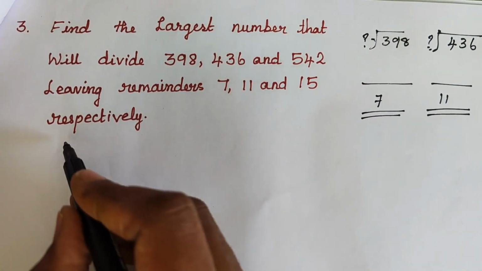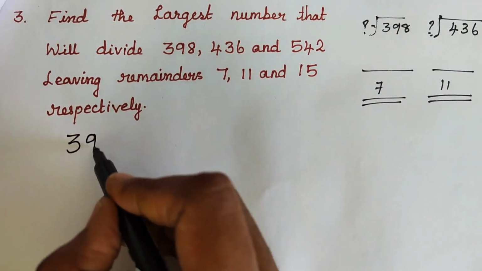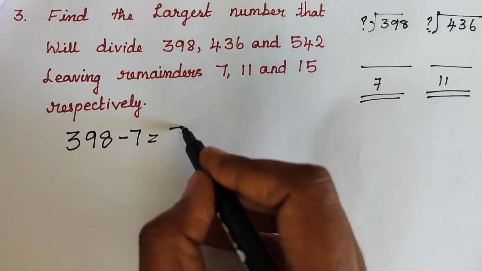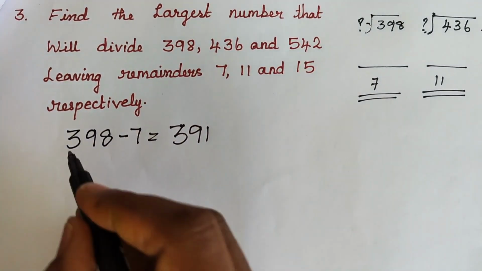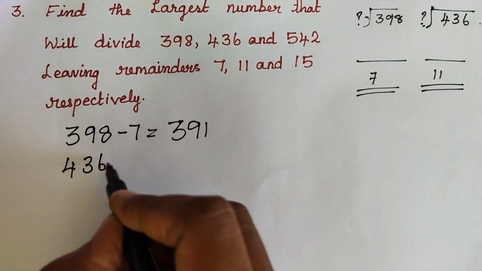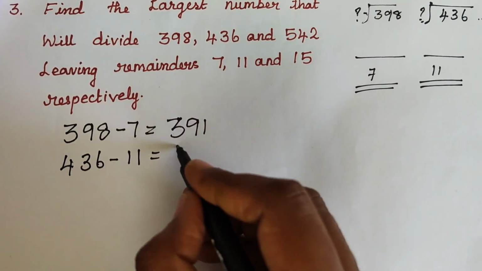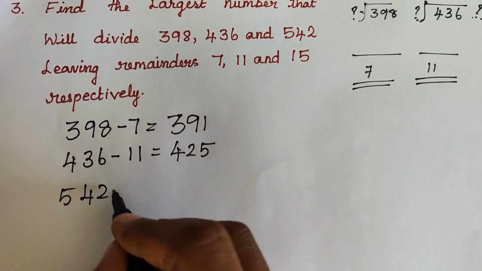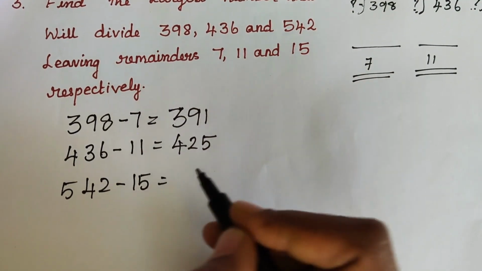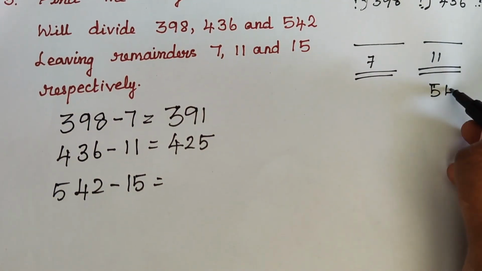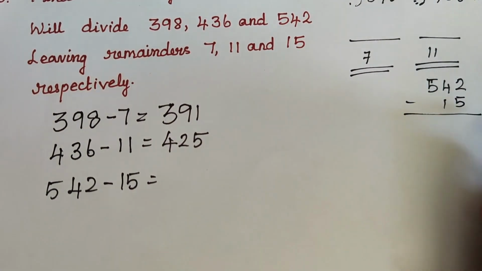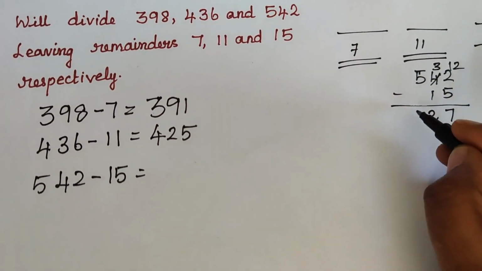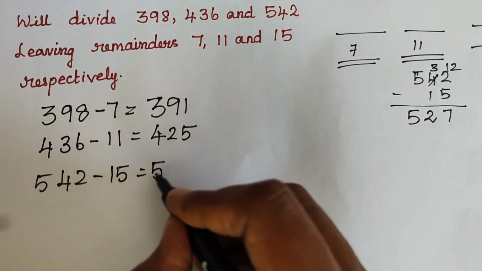Step 1, subtract the remainders. 398 minus 7 we will get 391, and 436 minus 11 we will get 425, and 542 minus its remainder 15 we will get 542 minus 15, check it out, 527. So 391, 425 and 527.